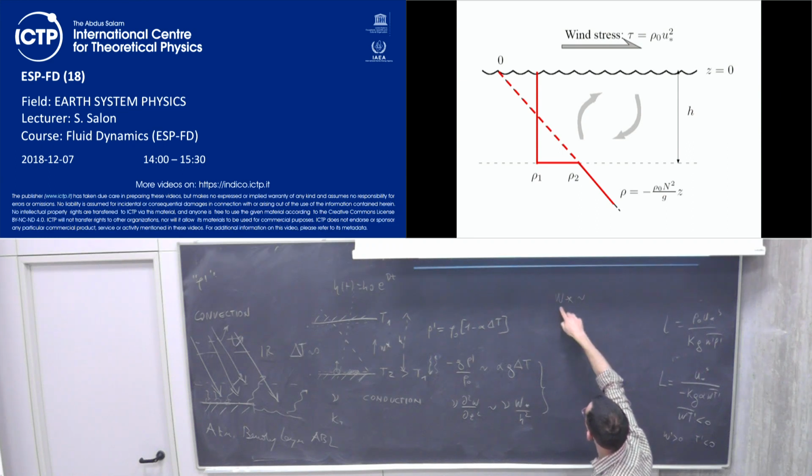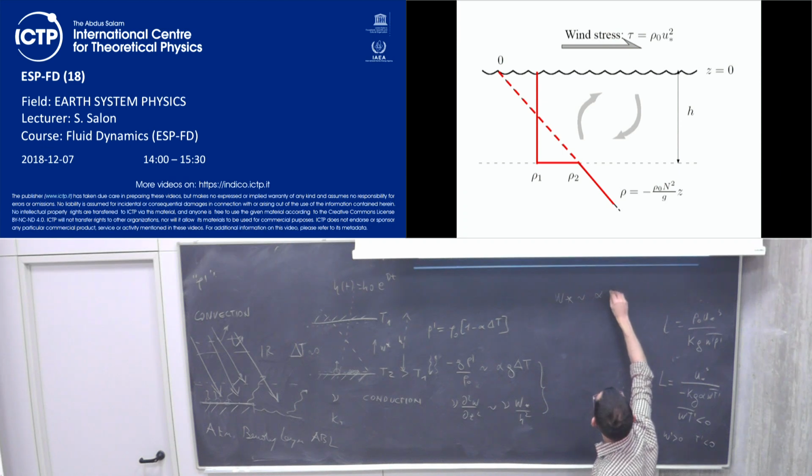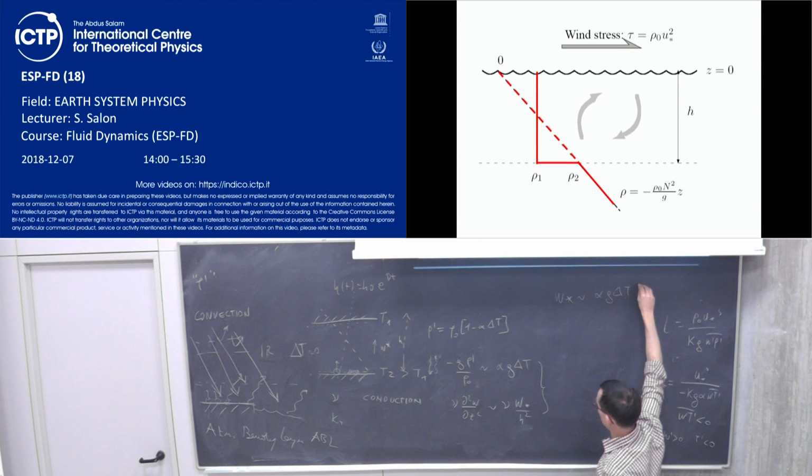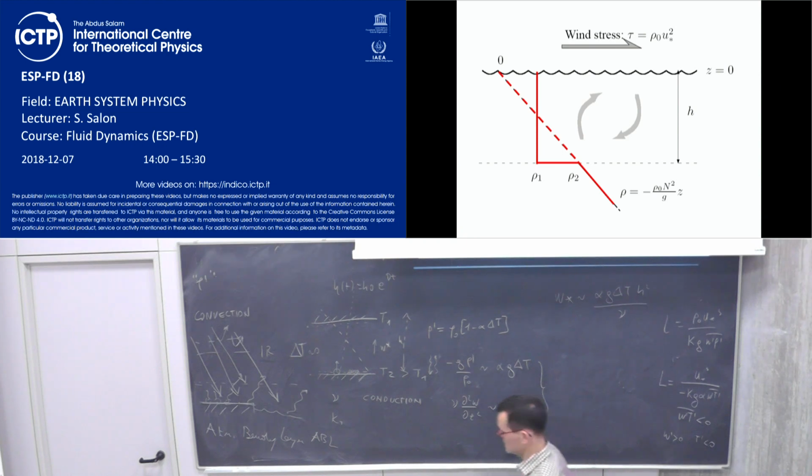So W star will be alpha G delta T H squared over viscosity.